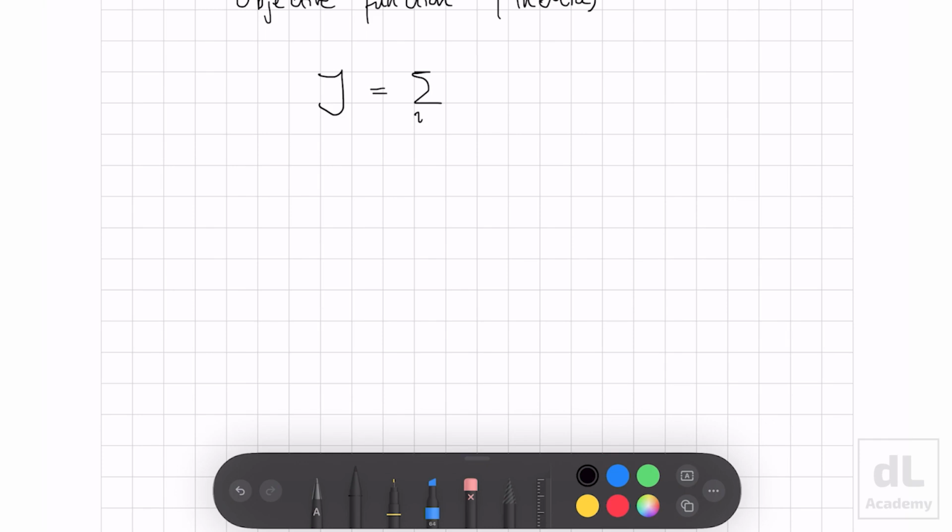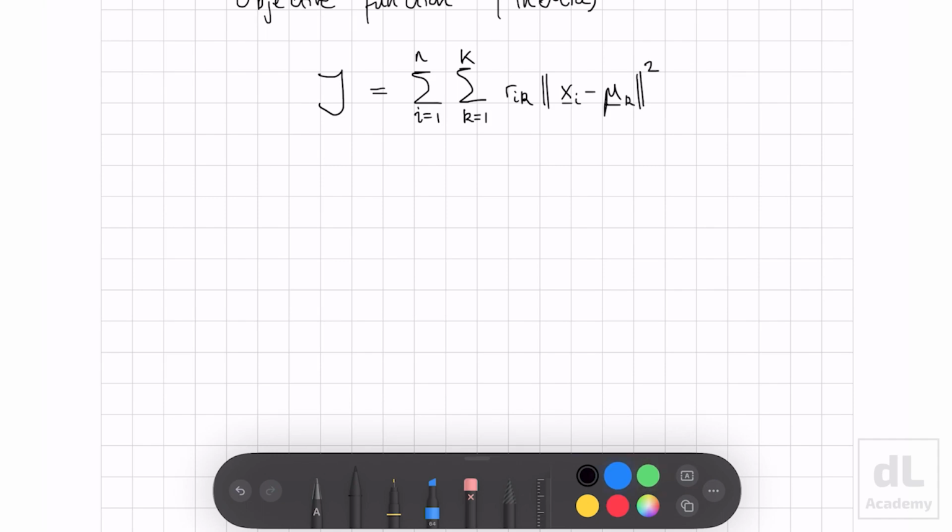We're going to sum over all of the samples, and then sum over all of the clusters, big K. Here's my flag, whether it belongs or not. And then I'm going to write the distance between the sample x and the mean of its cluster. So it's the squared distance.